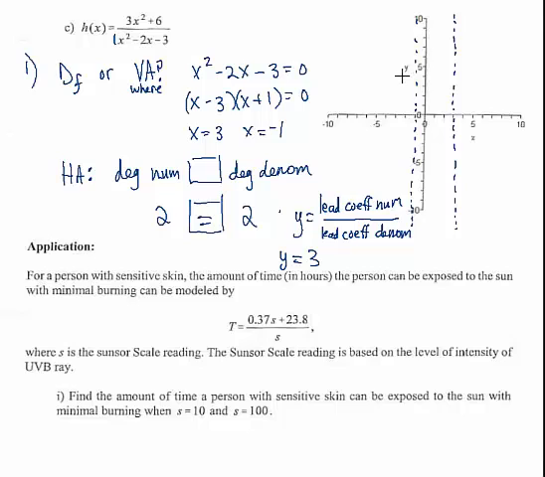So on our graph we can go to y equals 3 and draw a dashed horizontal line. So horizontal asymptote and vertical asymptote. Again, we have 2 of them.